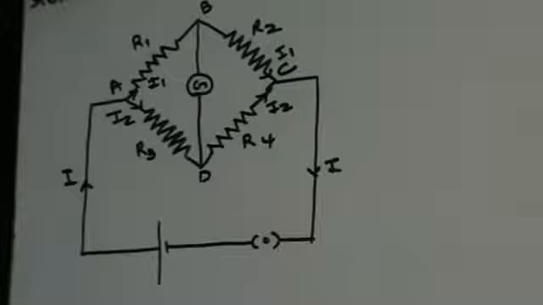So it consists of 4 resistors R1, R2, R3, R4.